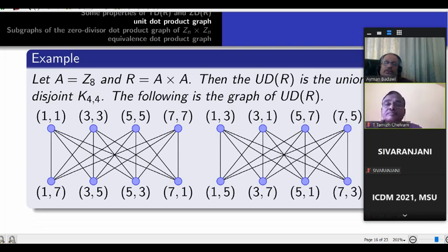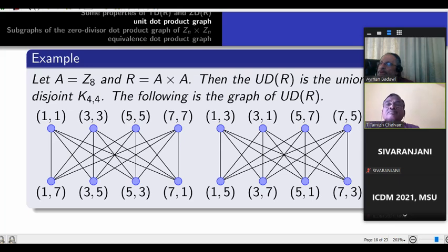I only thought I would give you these. By the way, to the best of my knowledge, the unit dot product graph has not been generalized. Here, we studied the unit dot product only for Zn, or when your ring is a product of finite fields.